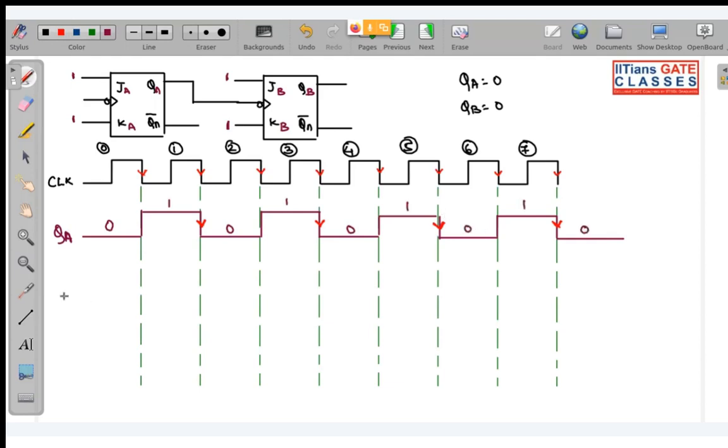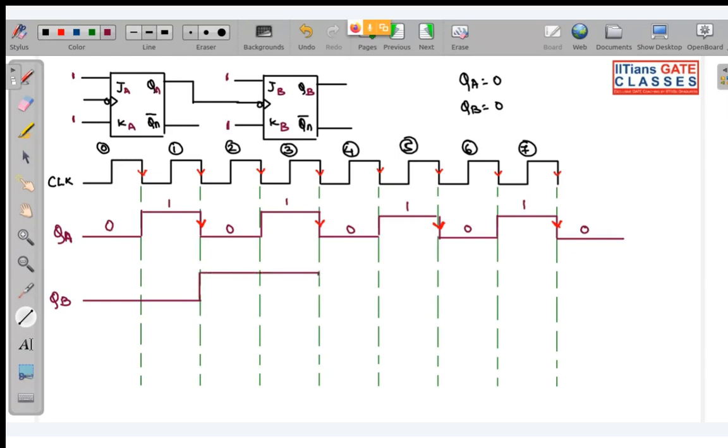Okay, so let me now start with QB. QB is also starting from 0. So you can see this will be at 0 till the first active edge. Active edge means the negative edge of this QA. At that precise moment, it will change from 0 to 1.